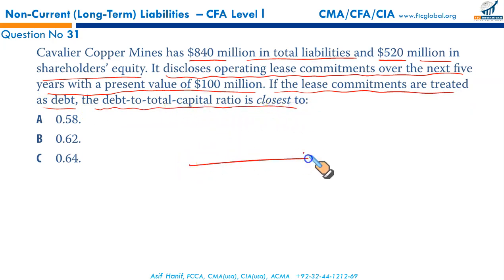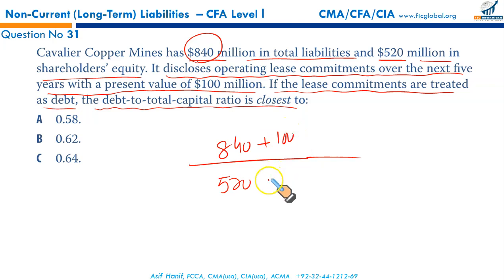Now, existing debt to total capital is 840. That is your debt, and this is the equity, right? If you incorporate this lease into the books of accounts, it will represent a part of debt, and in the denominator as well, because we will be using debt to total capital.